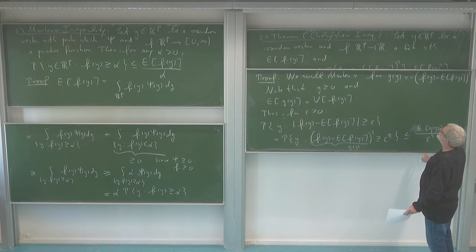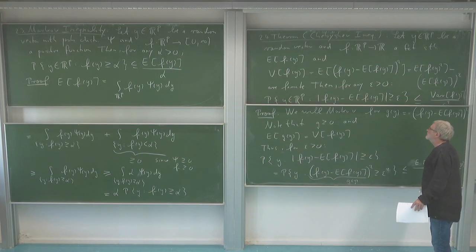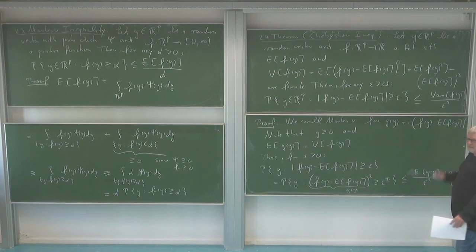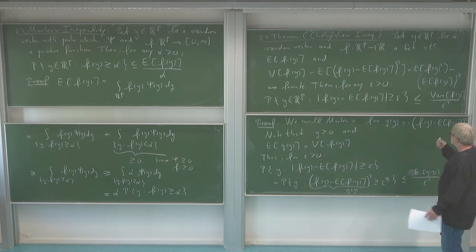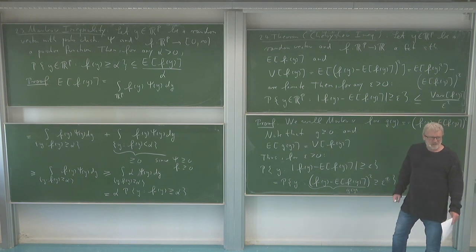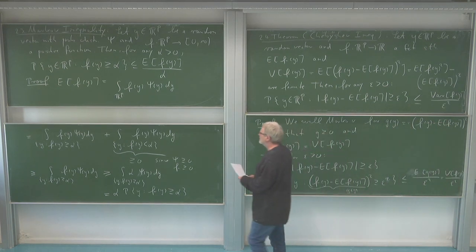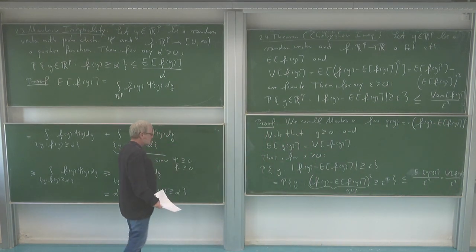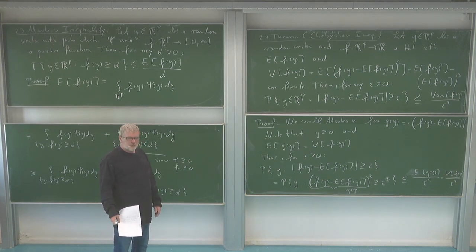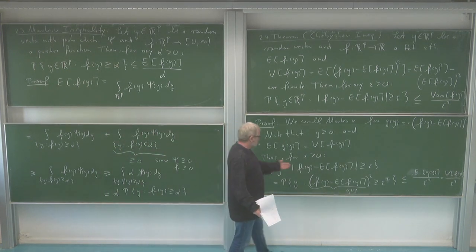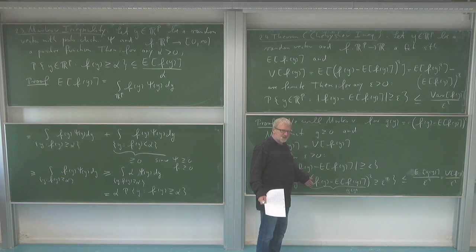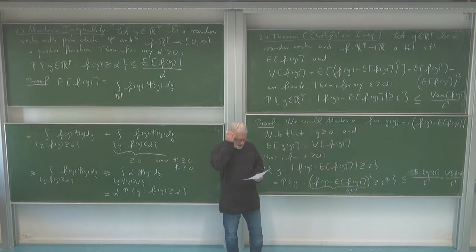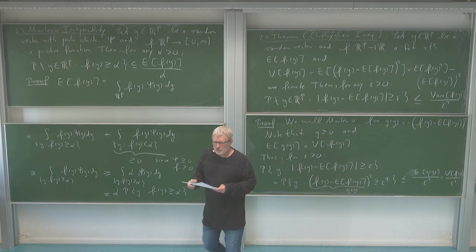And that's hopefully what Chebyshev was claiming here. And now you also see why I get the square here. In Markov I had just a linear 1 over alpha, but this is because I do this one step where instead of looking at what I'm really interested in, I'm squaring this. And then I go back to Markov.